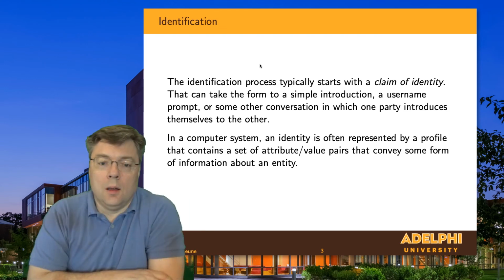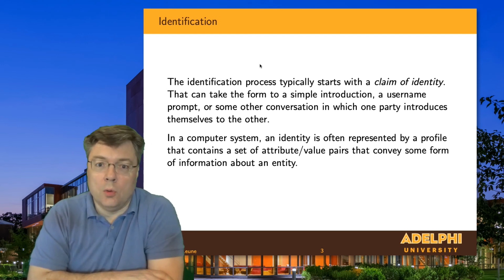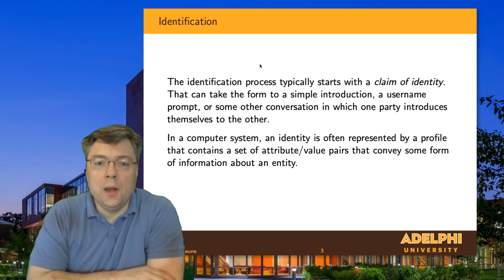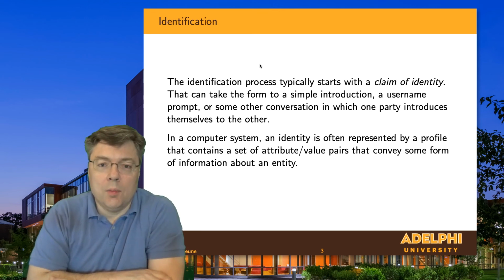The identification stage can take many different forms. I could go up to you and tell you who I am. But in a computer system, talking to a computer makes people look at you funny. So we typically give people a username prompt, but we ask them to type in a username or an email, or in any case some form of unique information that identifies them as a person. But again, that's just a claim of identity. There are different ways we can do this.